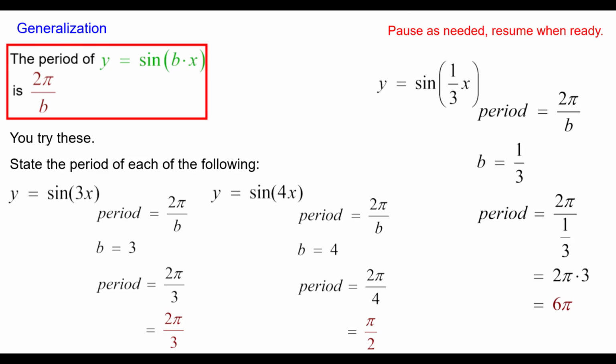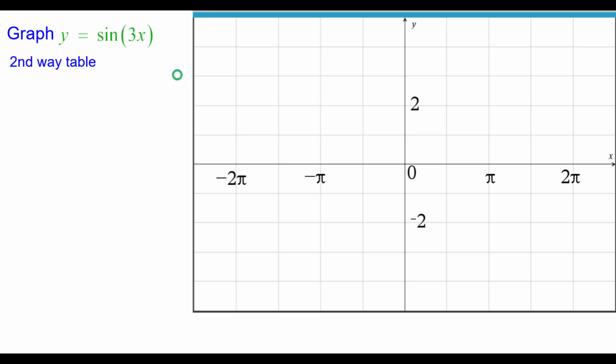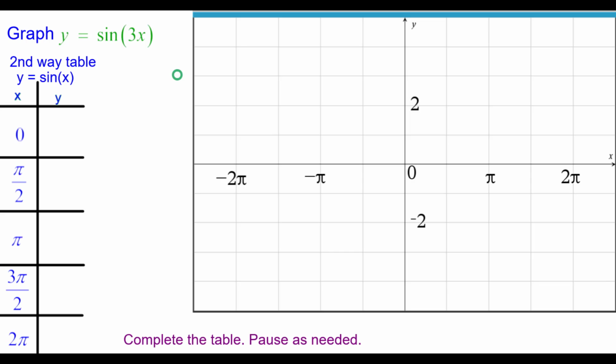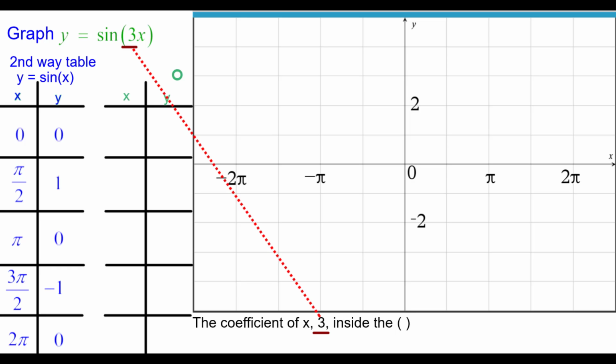Second way to graph this is by table. And we'll use the axes values, complete the table, pause to do so. Those are our unit circle values on the axes. Create a second table. And this, again, coefficient of x, 3, inside the parentheses affects the width or the period of the graph inversely.